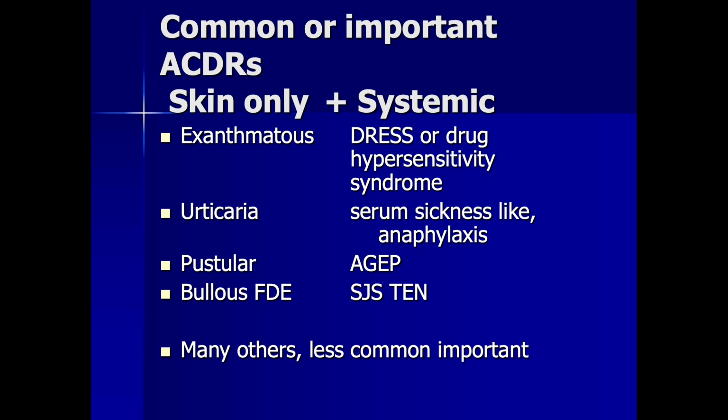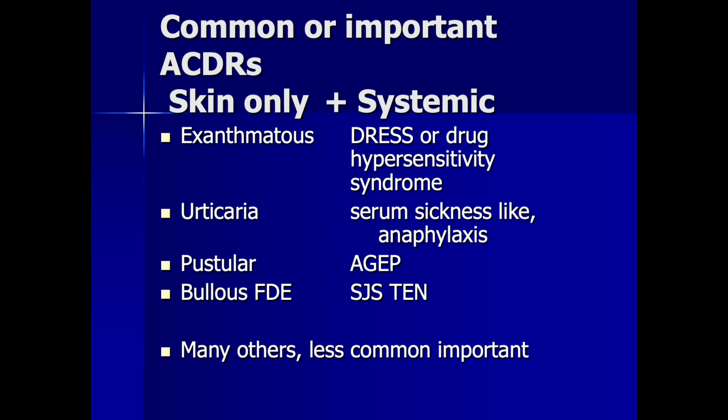We can see skin-only reactions producing urticaria, but we can sometimes see urticaria eruptions with systemic effects as well. So an example would be serum sickness-like illness, where people will get an urticarial eruption associated with arthritis.